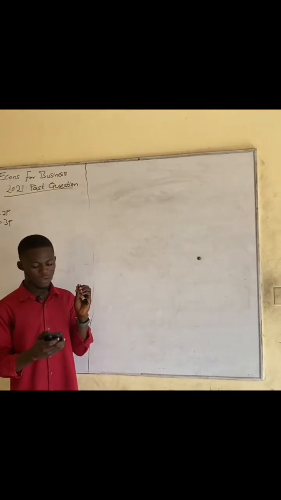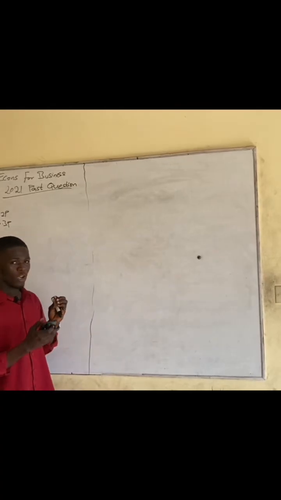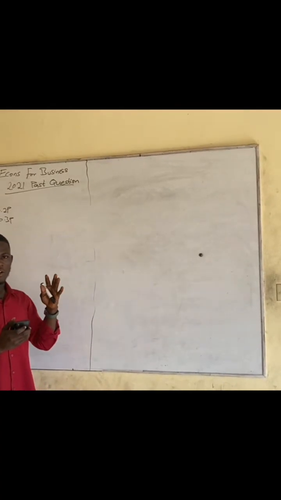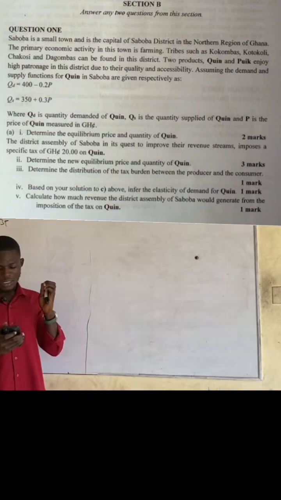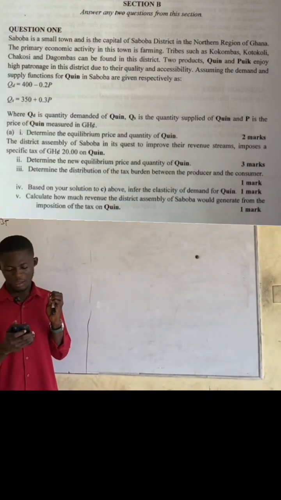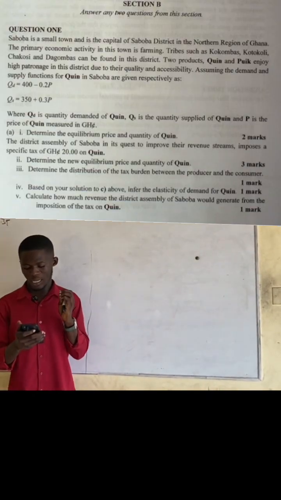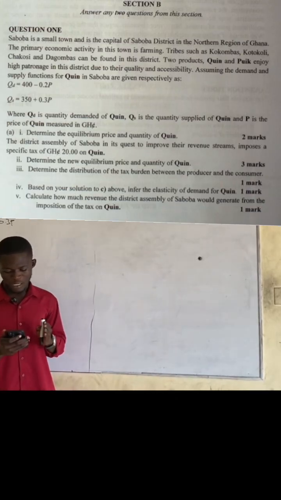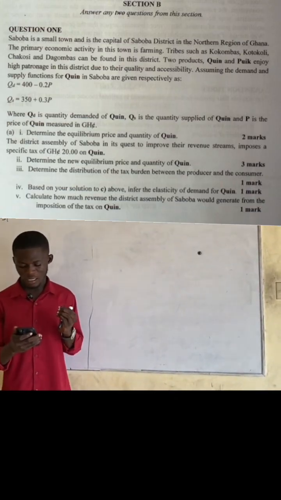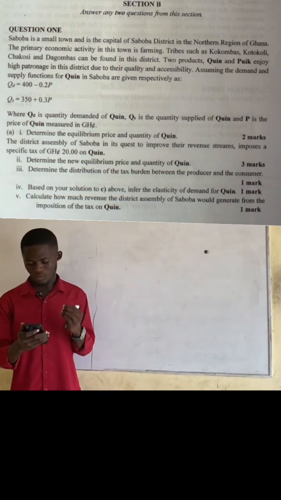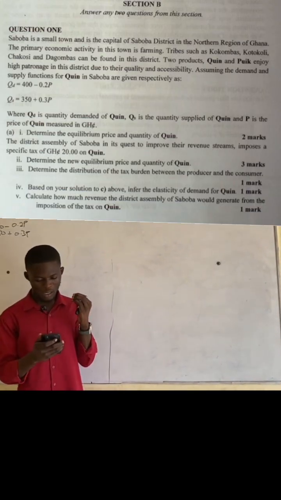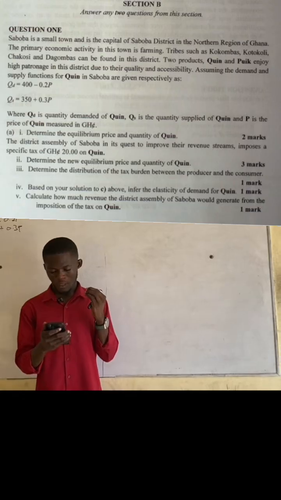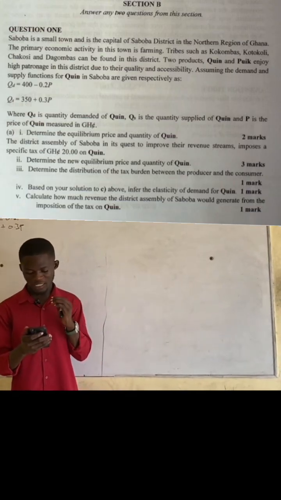Starting with question 1, I'm going to read the scenario out, and I'll also project it for you to see and go through. Saboba is a small town, the capital of Saboba district in the northern region of Ghana. The primary economic activity in this town is farming. Tribes such as Kokombas, Kotokoli, Chakosi, and Dagombas can be found in this district.